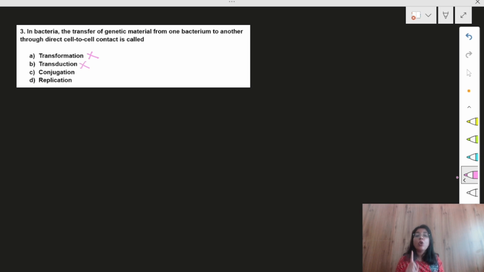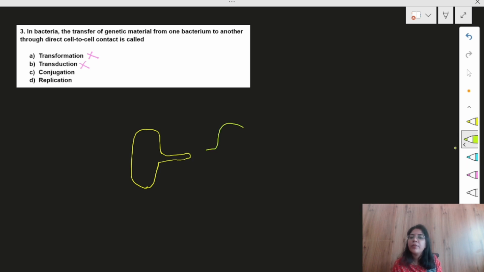But if you consider conjugation, which you learned in the previous class, in class 11th, let's suppose this is one bacterial cell and this is another bacterial cell, and what I have drawn there is pili. Let's suppose this is the plasma membrane, otherwise you will get confused whether it is an extension of the cell wall or of the plasma membrane.